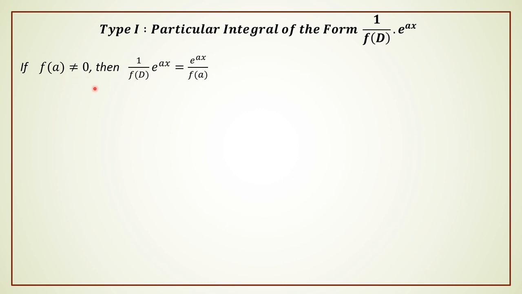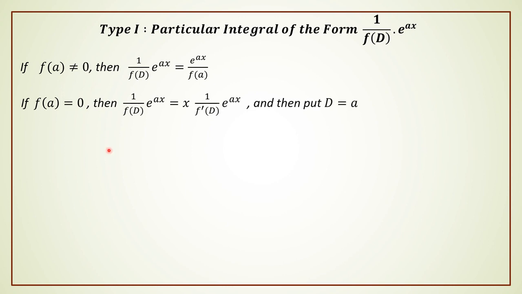Say suppose your f of a is 0. In that case 1 by f of D into e to the power ax becomes x into 1 by f dash of D into e to the power ax. If f of a is 0, you have to multiply by the independent variable x and differentiate the denominator f of D, so that you get f dash of D, and then 1 by f dash of D acts on e to the power ax.